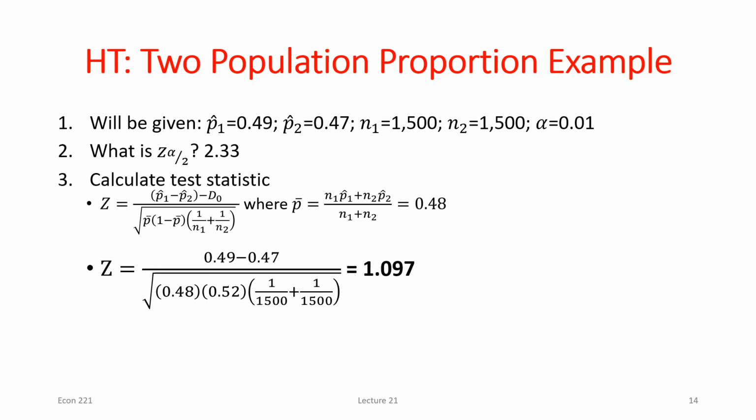All it depends on is alpha. But, right, so I'm still saying if I find sample evidence that's more than 2.33 standard deviations away, I'm okay rejecting, right? Well, I was only 1 standard deviation away when the sample size was 1,500, but if instead the sample size was 3,000, what's going to happen in my equation? I don't have to worry about p-bar too much here because these going up isn't going to change the relative ratio.